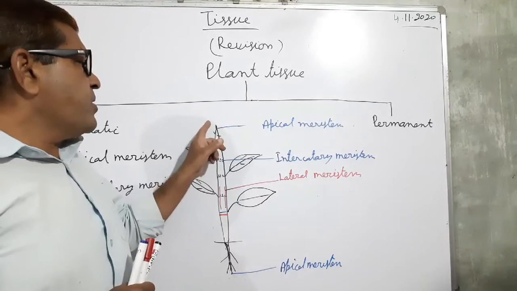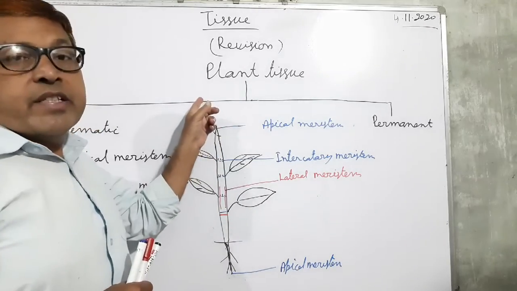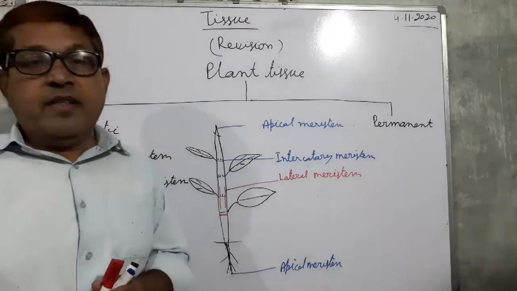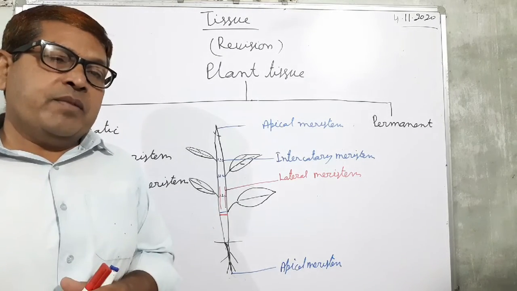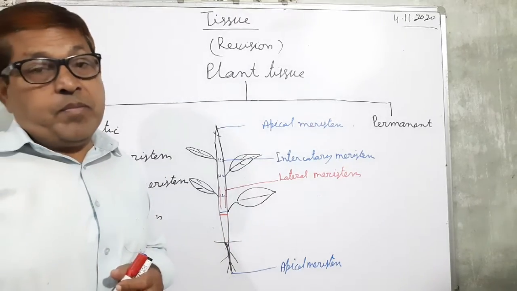Apical meristem is found only in the top regions, so height will increase only there. So there will be no effect on the height of the mark he made on the plant.